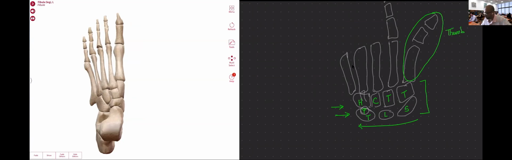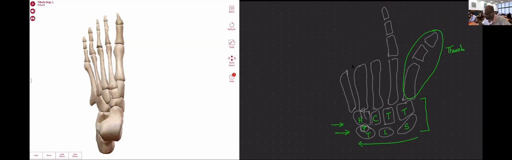And how did I recognize that this is the thumb? Because simply the thumb is the only one that has a proximal and a distal phalanx. It doesn't have a middle phalanx. All right, unlike the rest of the four fingers, they will have proximal phalanx, middle phalanx, and the distal phalanx.